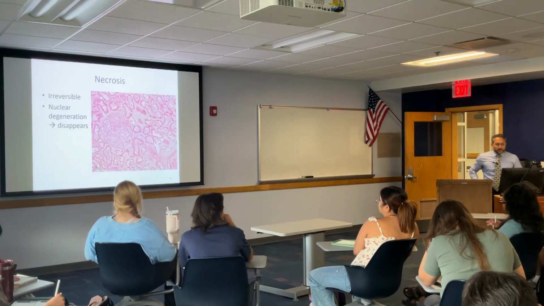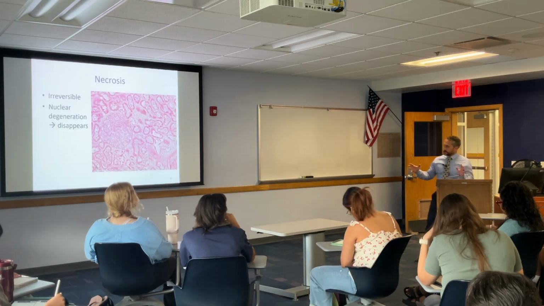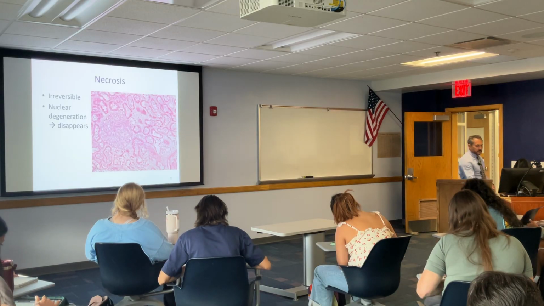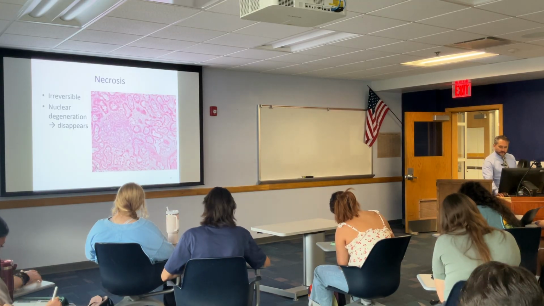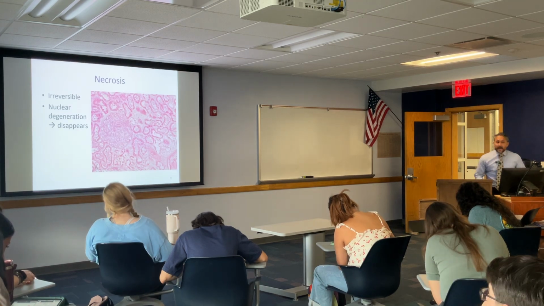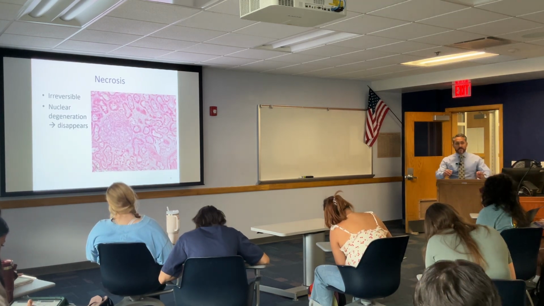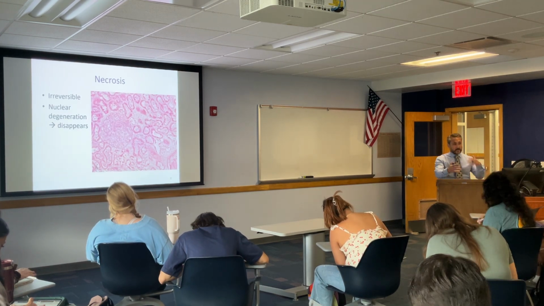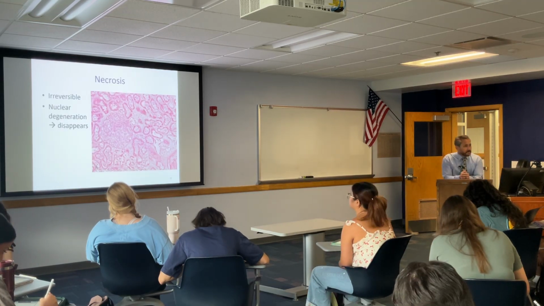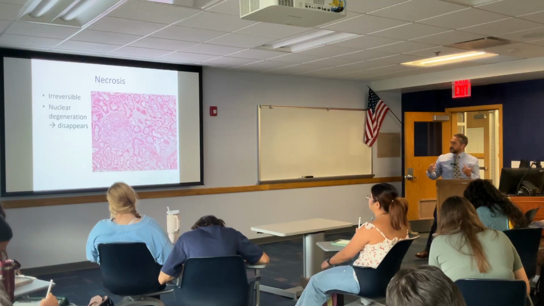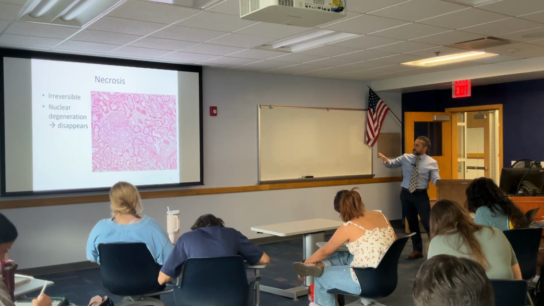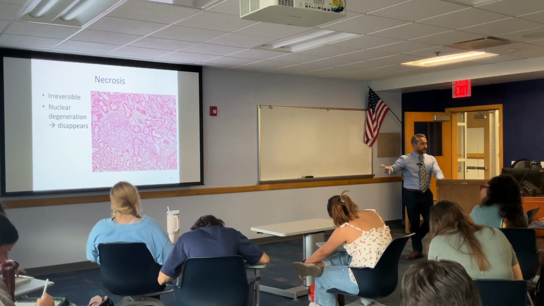So, necrosis. Histology of necrosis. This is renal tubules that are pretty aggressive. We categorize this type of necrosis as coagulative necrosis, and we're going to get there in a few slides. Just backing up to refresh, it's irreversible. You get nuclear damage. You cannot see any nuclei here.